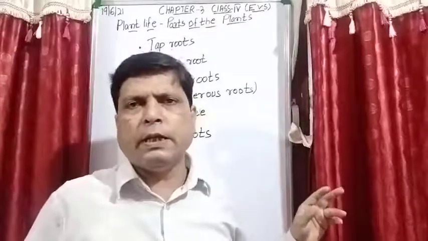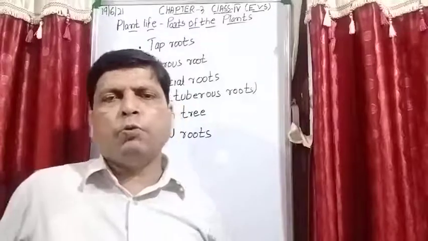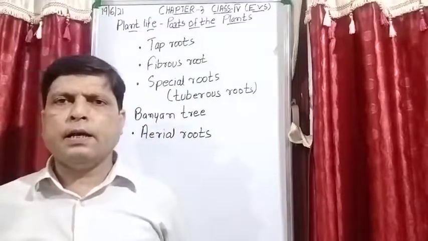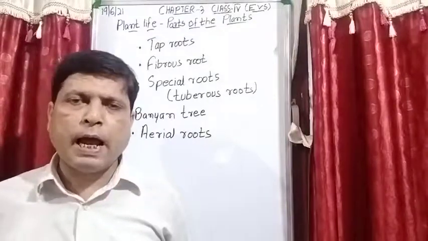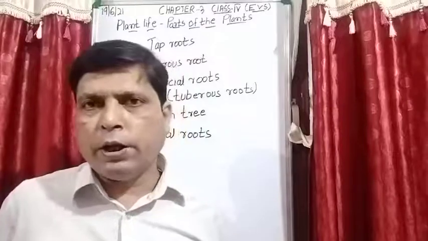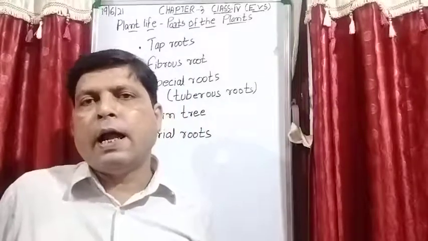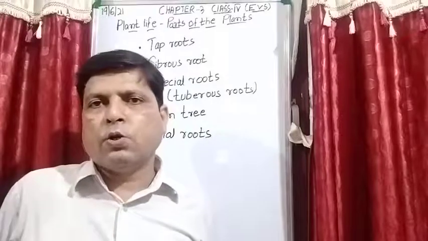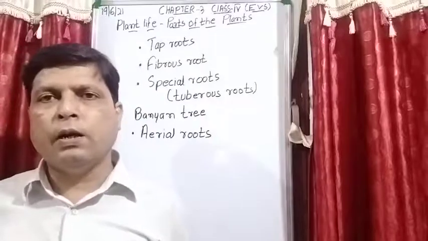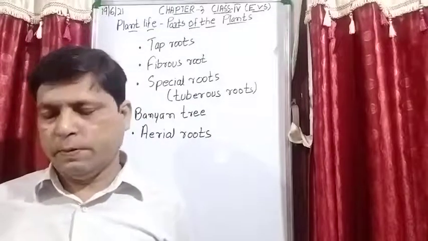In this you will see that from the branches many roots move downward towards the ground. That is the reason we call them aerial roots; they hang in the air and are not in the soil. Such a root is known as aerial root.